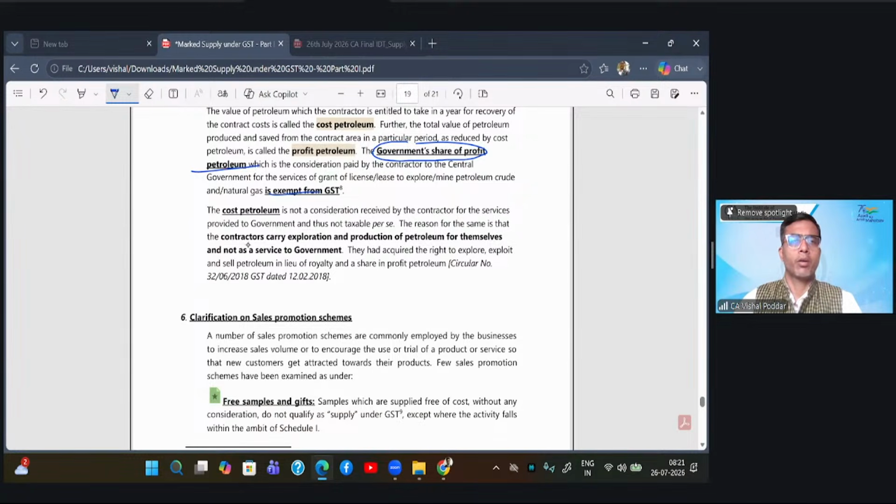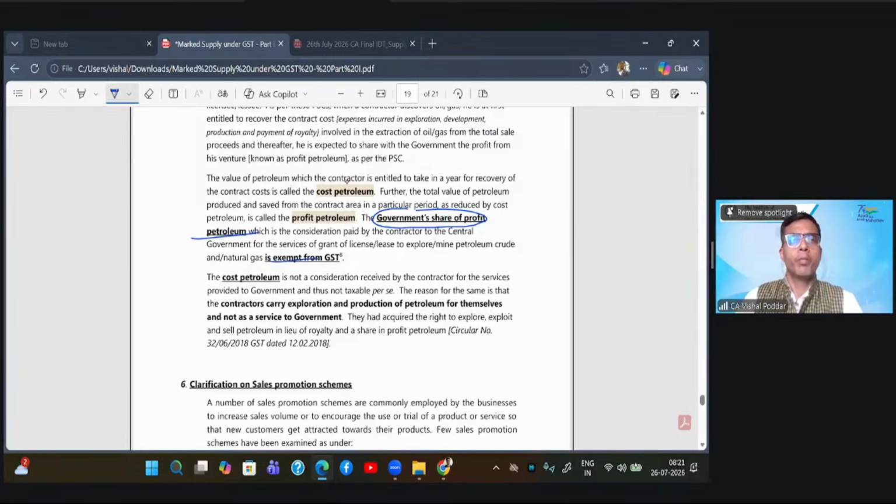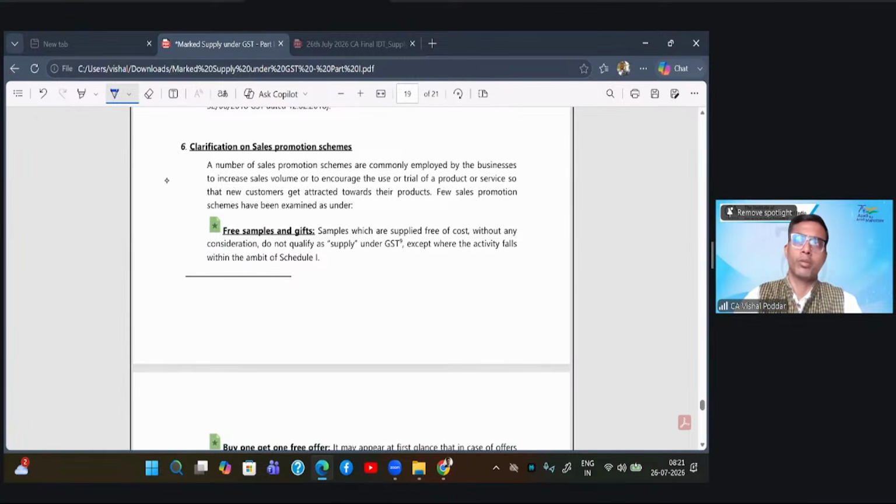Now, what is cost petroleum? Cost petroleum is basically the value of petrol which the contractor is entitled to take in a year for recovery of contract cost. Now, this cost petroleum, students, is not leviable to GST because it is not a consideration received by the contractor. Again, it is something which belongs to the contractor itself.